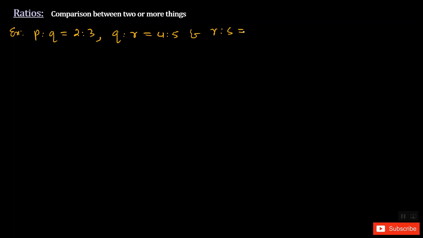R is to S is equal to, let's take 6 is to 7. Now the question is, what is the ratio of P is to Q is to R is to S? Or they may also ask you what is the ratio of P is to S, Q is to R, and so on.